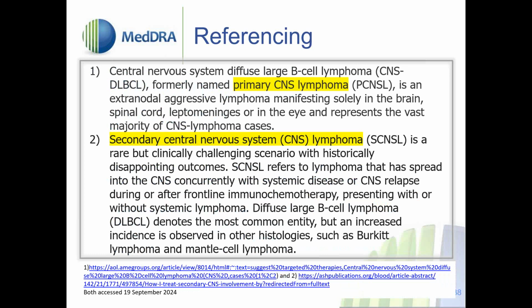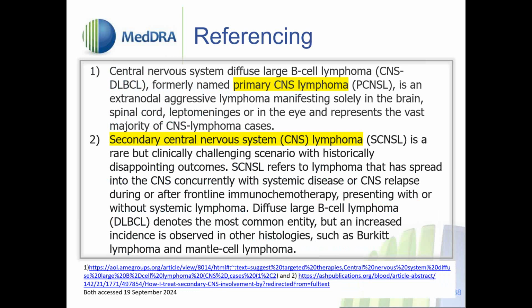Now let us also clarify the medical background for the reported CNS involvement in the context of the DLBCL relapse. We have to distinguish primary and secondary CNS lymphoma.